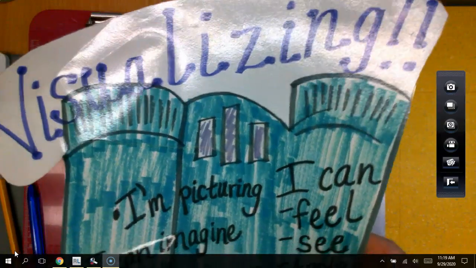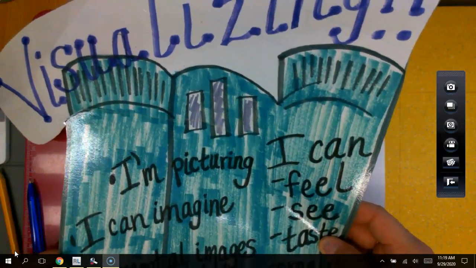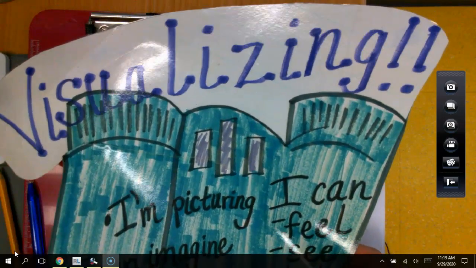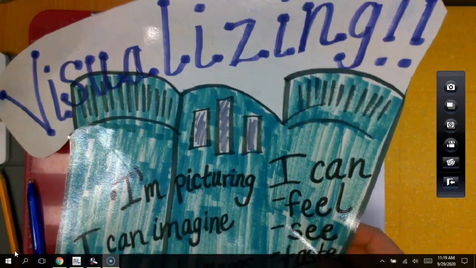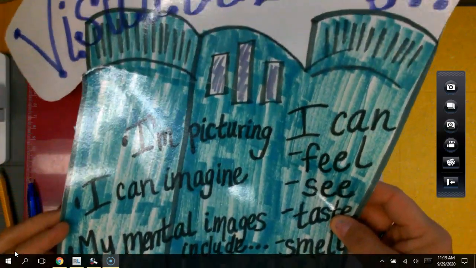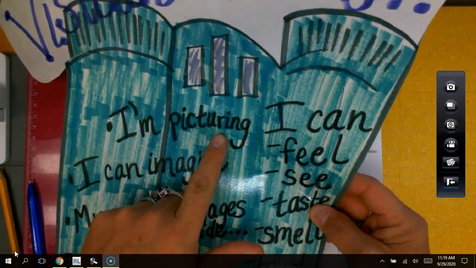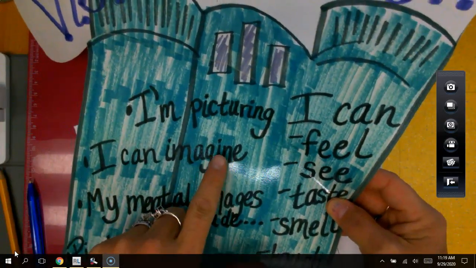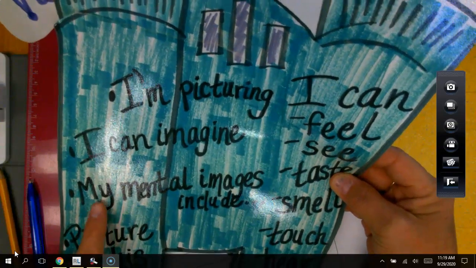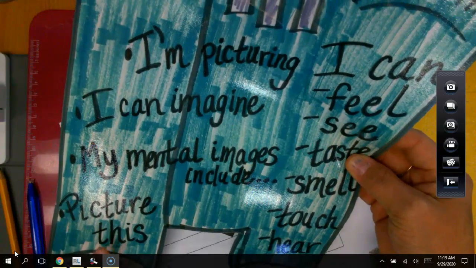You're not going to be able to see the entire picture because my document camera won't zoom out, so I'll show you all of it, but here's part of it. The first one is visualizing, and you can kind of see my binoculars. When I say visualizing, I'm picturing, I can imagine, my mental images include, and picture this.